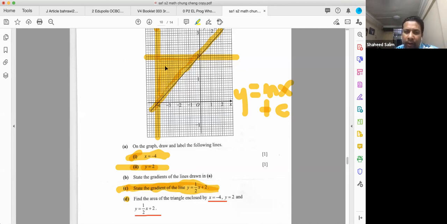Find the area of this yellow triangle. How to find it? You find out. You know the formula for a triangle, right?